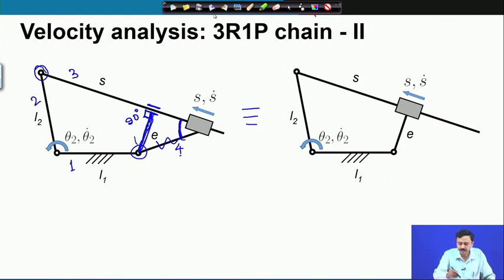Here the distance S is the throw of the actuator. We will consider this to be the throw of the actuator.